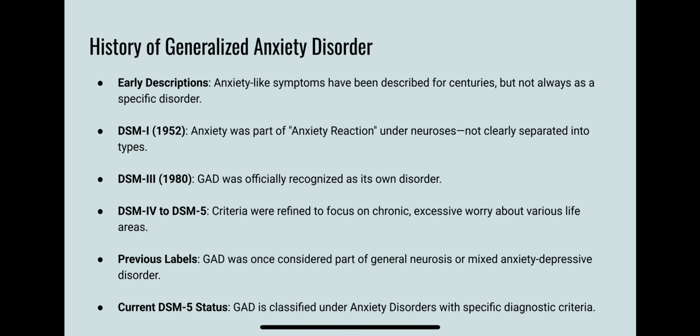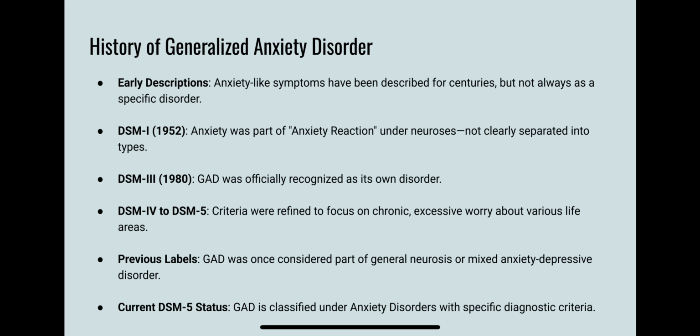This slide is the history of generalized anxiety disorder. So as we know, anxiety has been recognized for centuries, but GAD as a distinct diagnosis is relatively recent actually. It was first introduced as a separate disorder in the DSM-3 in 1980.